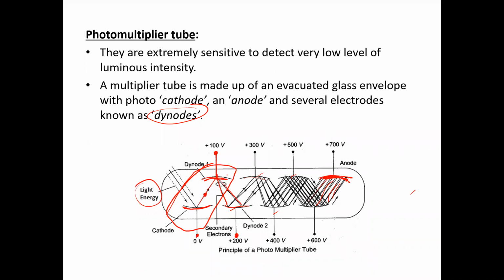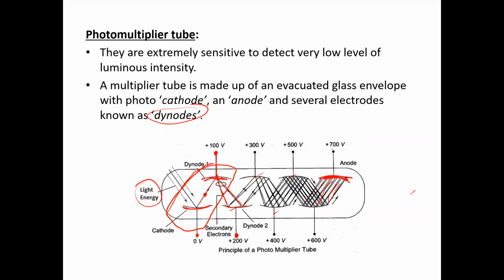Suppose you are having two stages, 0 to 100 volts, then 100 to 300 volts, or even 700 volts, you are dividing into two parts. Apart from the applied voltage, when you have smaller stages and in each stage you create a large potential difference, that is supposed to enhance your number of electron production.